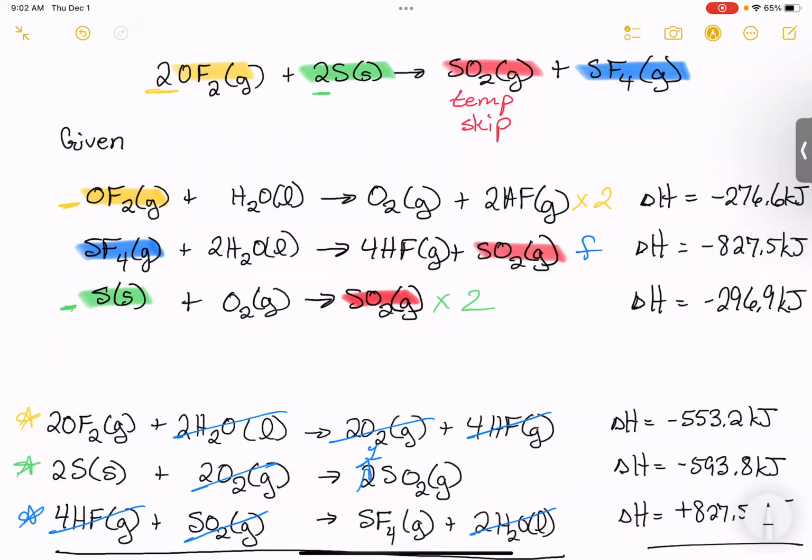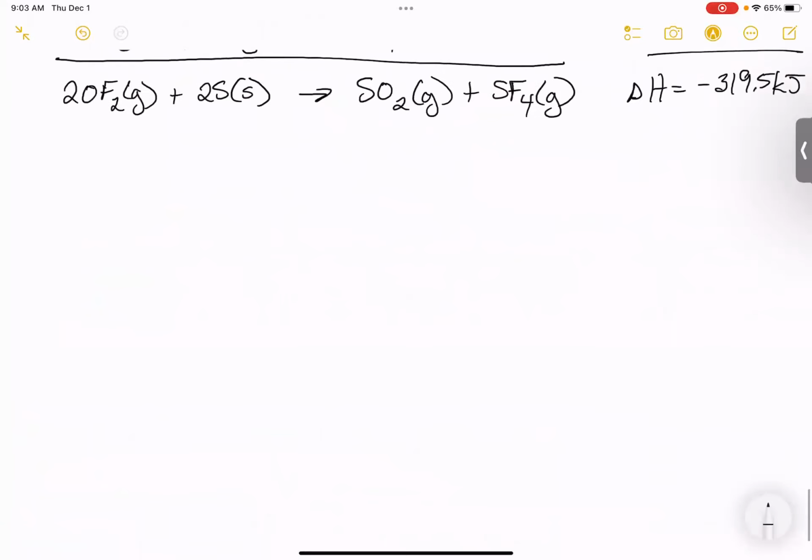Only when I get down to the end and I haven't flushed it out, do I go back and actually look at it and try to figure out how to make it work. Questions? Okay. That is Hess's law.